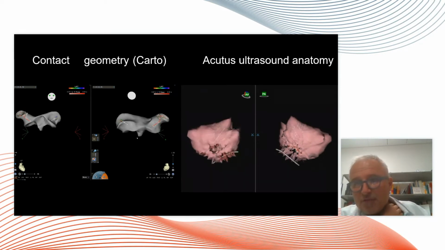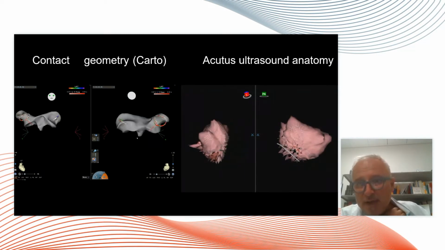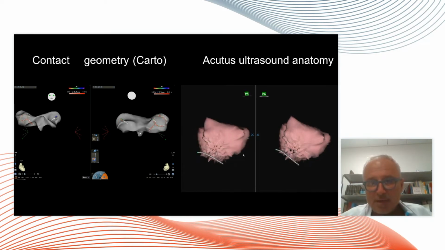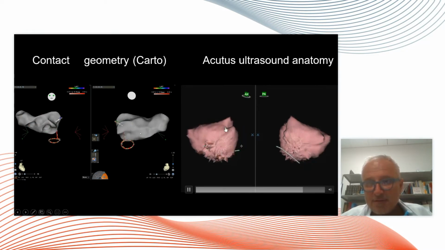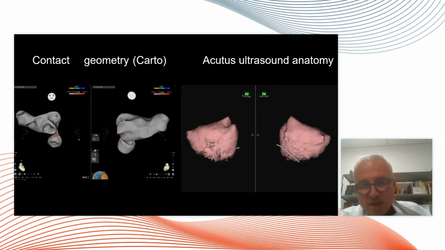In contrast, when you do a non-contact anatomy, for instance with ultrasound, you can see perfectly nice a ridge here between the appendage and the left-sided veins here, for instance, without any interpolation, what you have to delete or so.